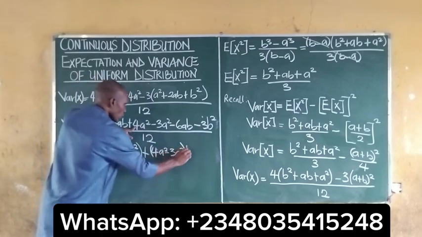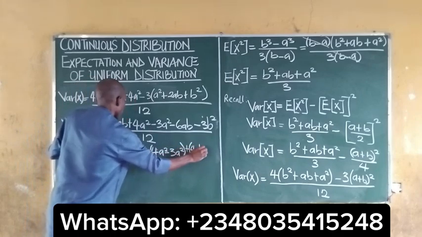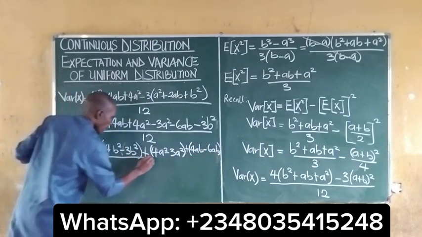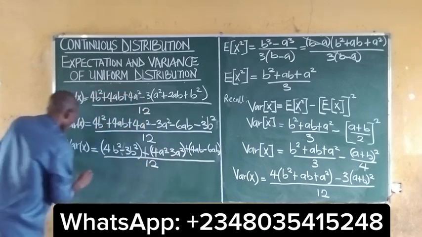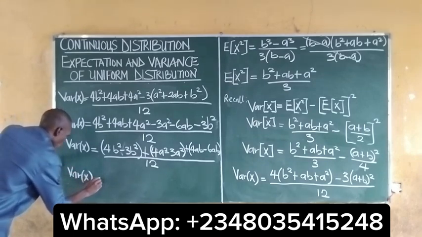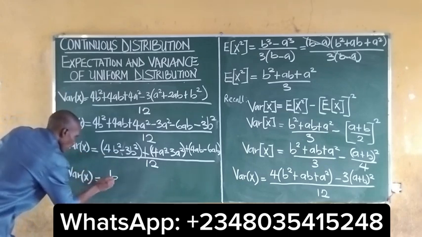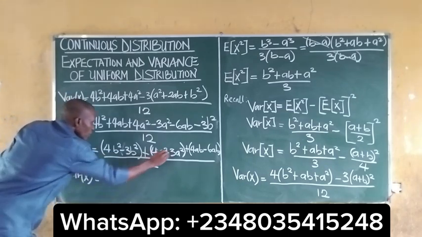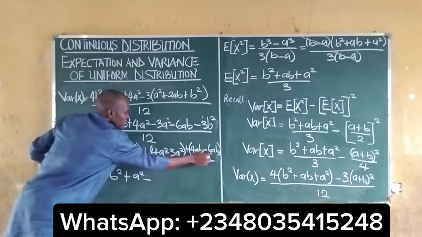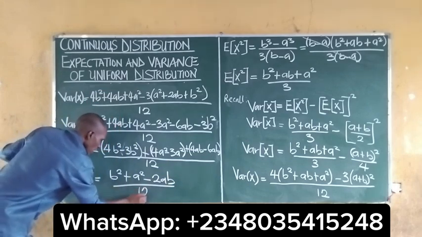We take the last plus 4ab minus 6ab all over 12. So our variance of x will be equal to, of course, here we have b squared plus a squared, and 4ab minus 6ab will give you minus 2ab, all over 12.